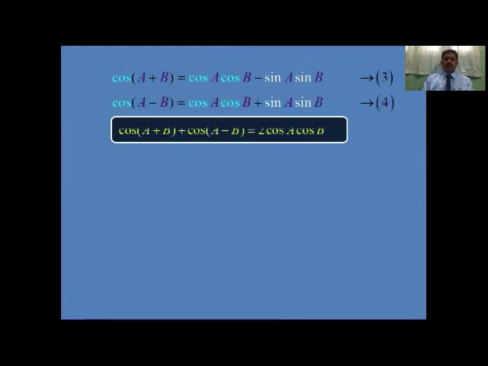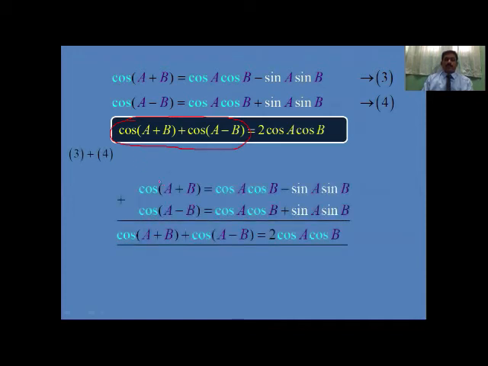Using the same two formulas, we are going to derive one more formula: cos of (A plus B) plus cos of (A minus B) equal to 2 times cos A cos B. If you observe your left hand side, it is in the form of addition. So therefore, I am going to add equation 3 and 4.